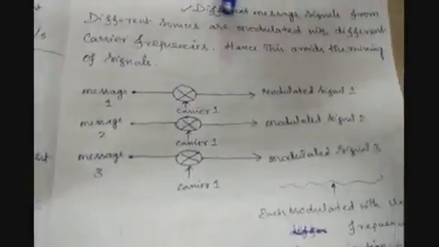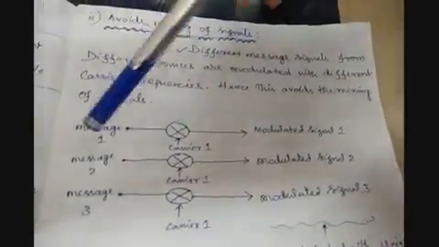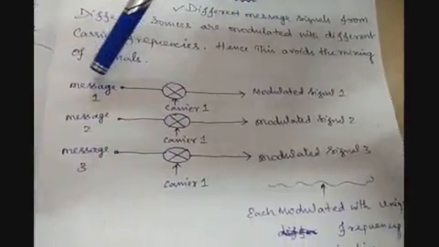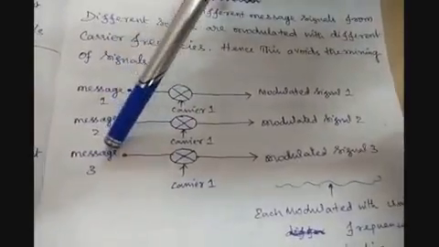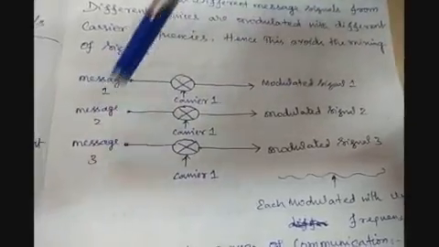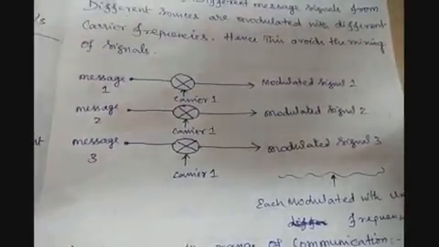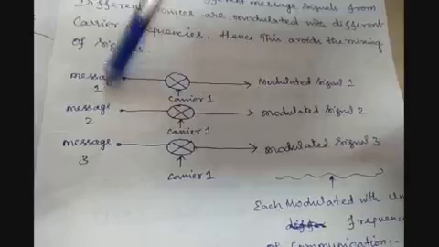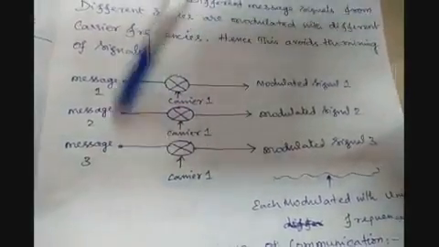What are they trying to say here? Just see this figure: message 1, message 2, message 3. Take these as channel 1, channel 2, channel 3 in a TV set. Different channels are broadcast over different frequencies, so the signals are not mixed with one another.